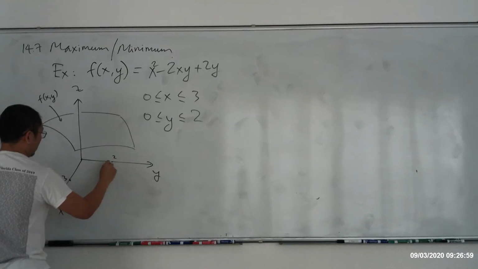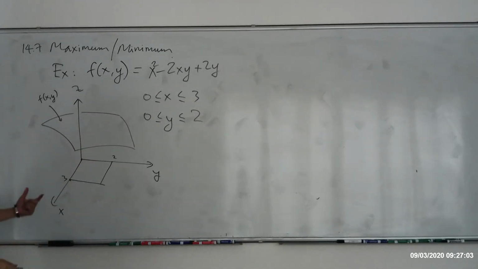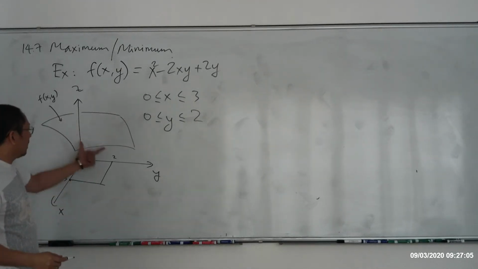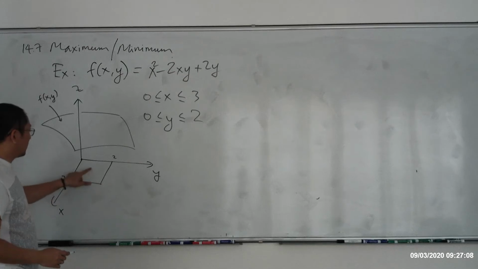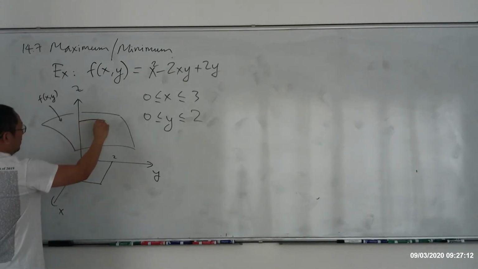Okay. So we are not looking at the entire surface right here. We only look at the surface that is right on top of this rectangular region right here. So in other words, this comes kind of somewhere here.